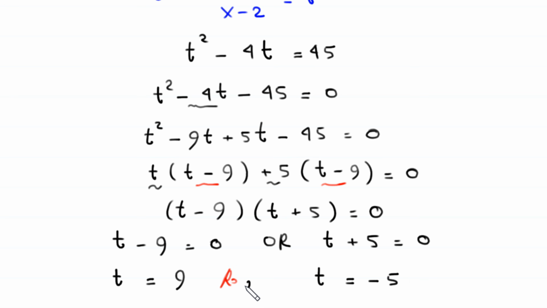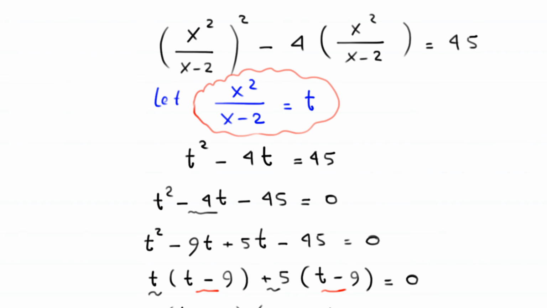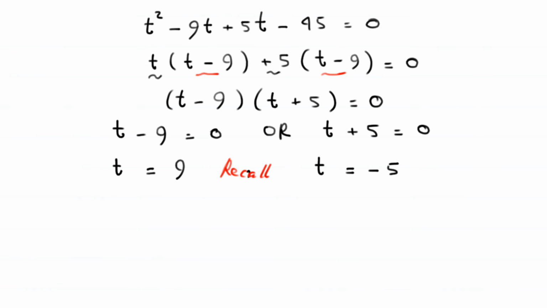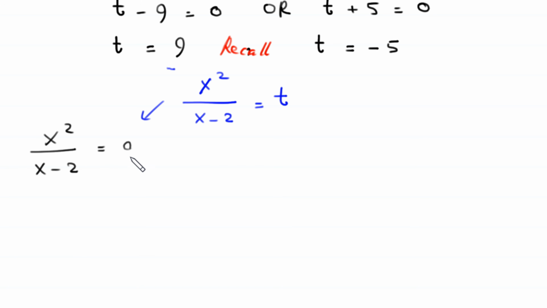Now recall that we have supposed that x squared over x minus 2 is equal to t. So when t is 9, then this will become x squared divided by x minus 2 is equal to 9.